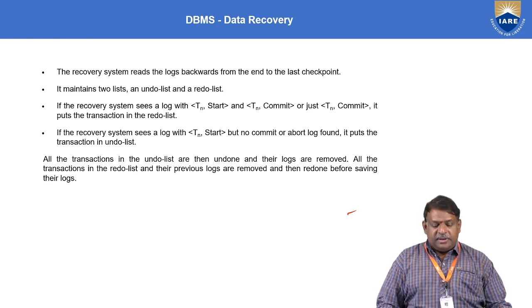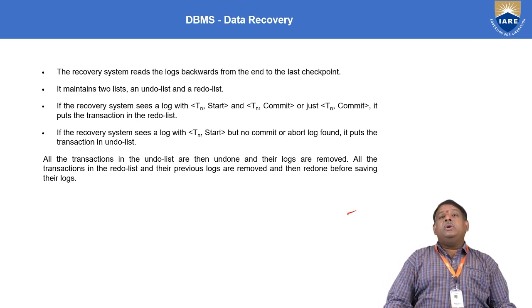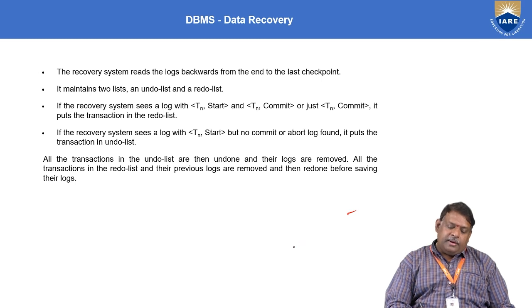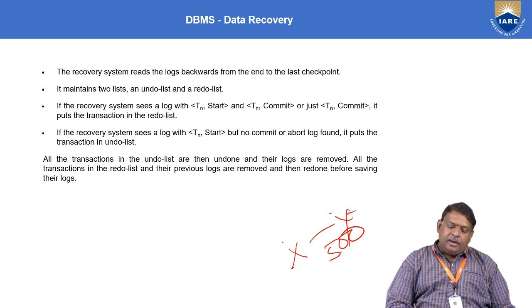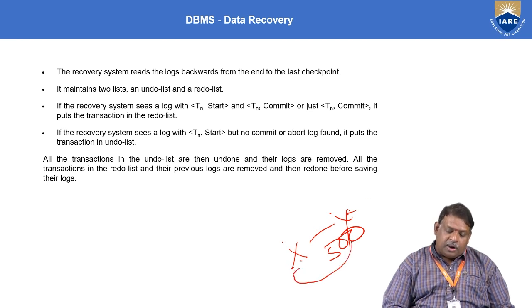If the recovery system sees a log with T start but no commit or abort log found, then it has to undo the transaction. Suppose you are transferring an amount of 500 from X to Y. If there is a start and commit and there is a failure, you have to redo it again.